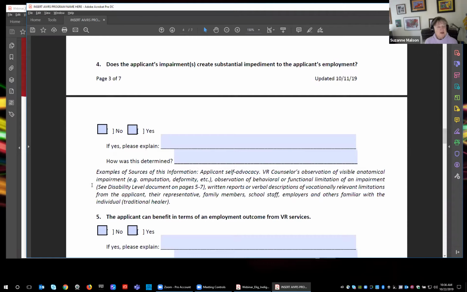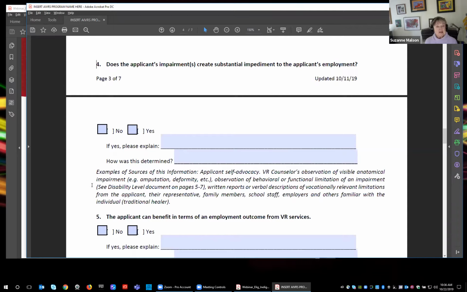If an individual thinks they have a disability, that's one of the important and significant areas that we sometimes overlook when we're going through the determination of eligibility.